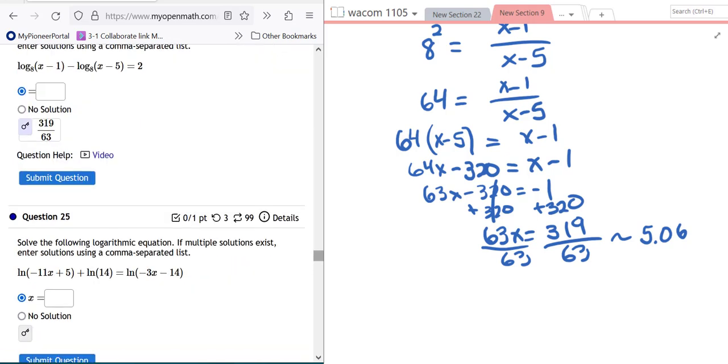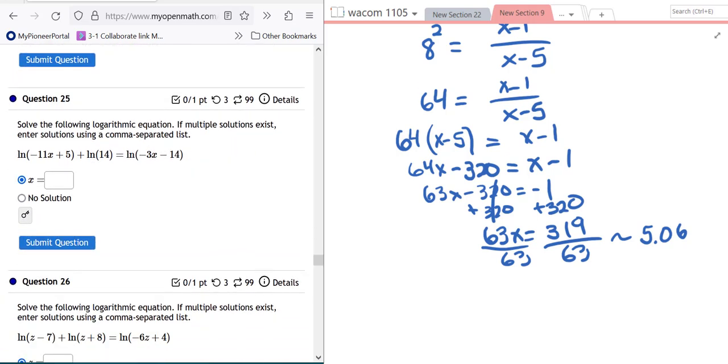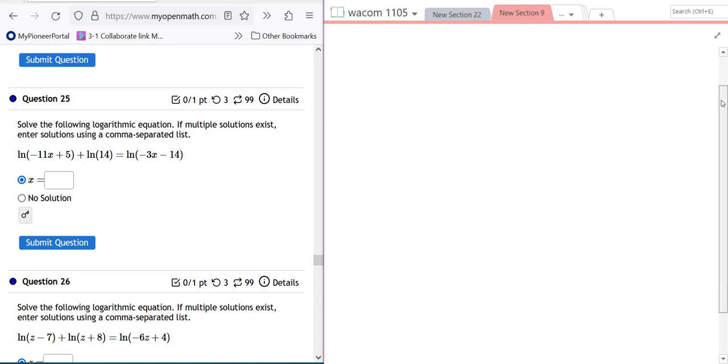Question 25. We have a lot of logs in this one. And so this is going to be our next kind, which has a logarithm on both sides. You do need to condense so that you only have one log on both sides.